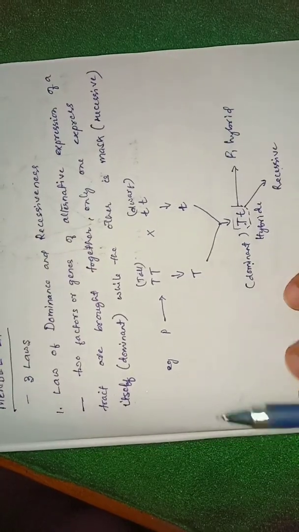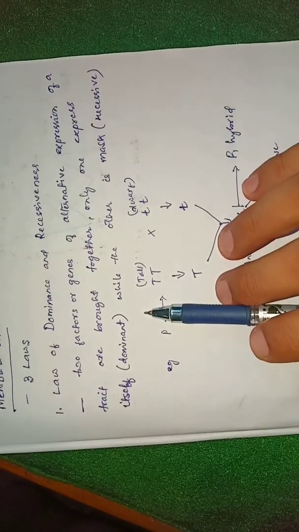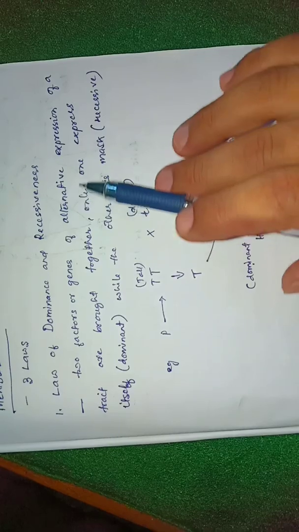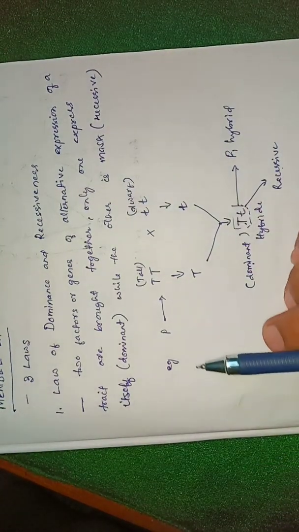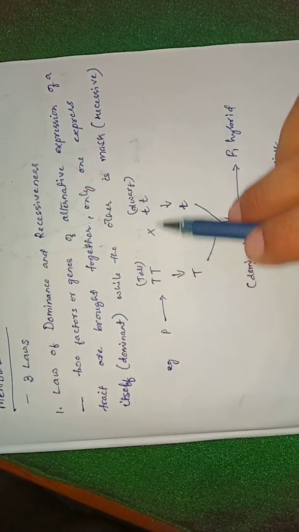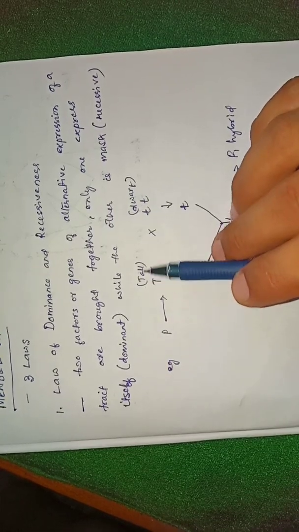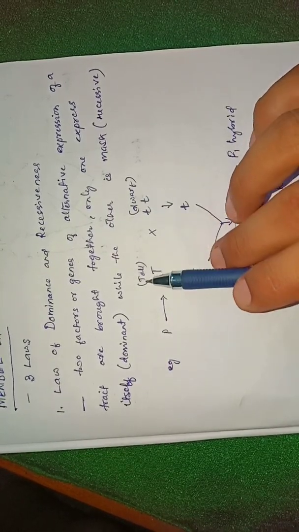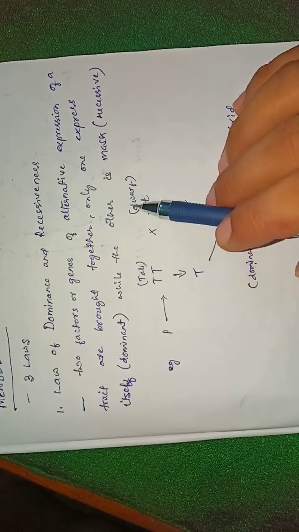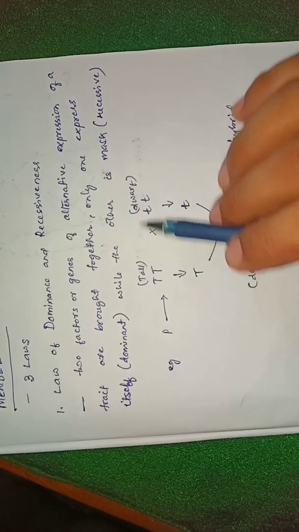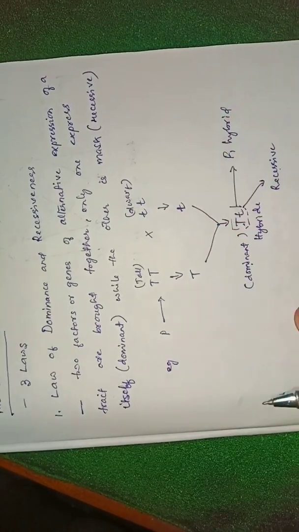So in order to explain the law of dominance and recessiveness, Mendel considered two pea plants, a tall plant and a dwarf plant. So these are the genes which are expressing alternative characters. One is expressing tall, the other is expressing dwarf.